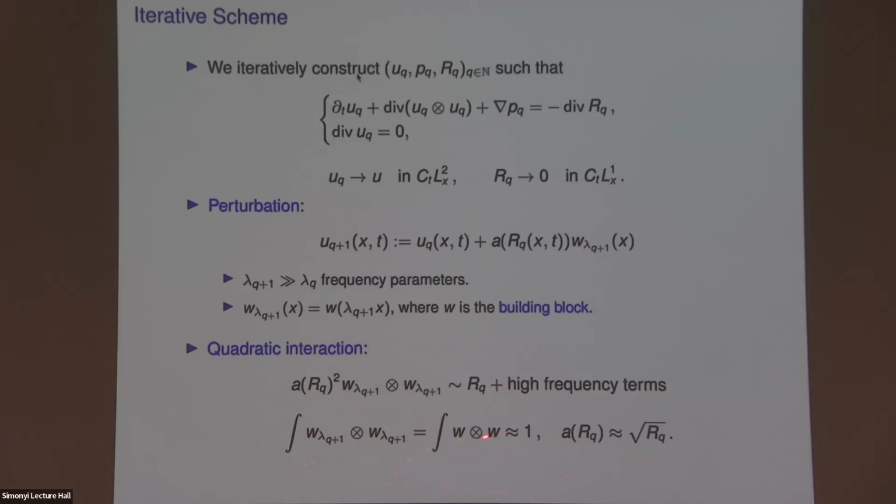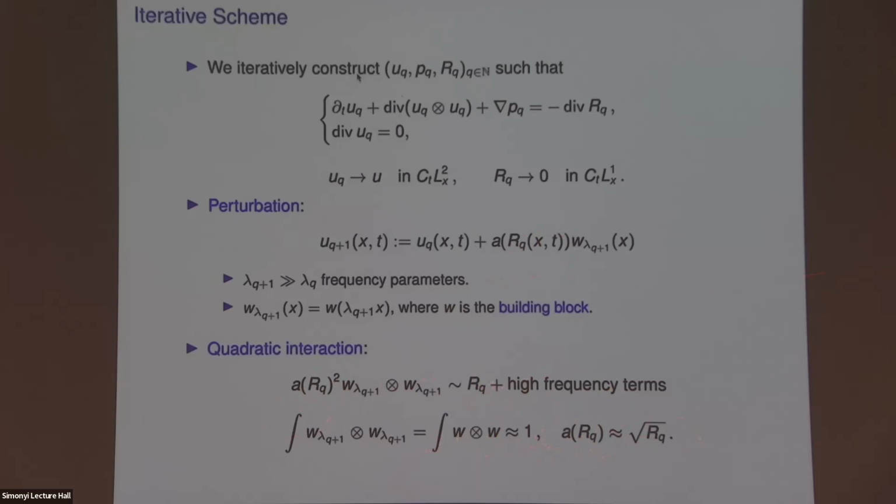I'm asking that W has L2 norm equal to 1, essentially. And I need this low frequency coefficient to have magnitude more or less the square root of the error, as the square is what appears here, and the square has to match exactly with the error.